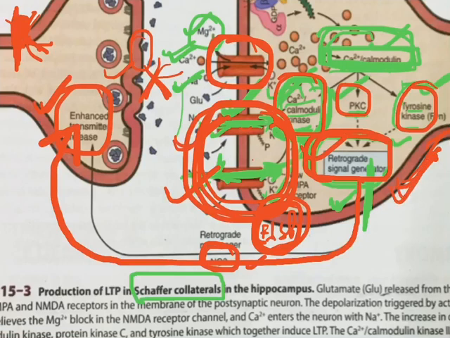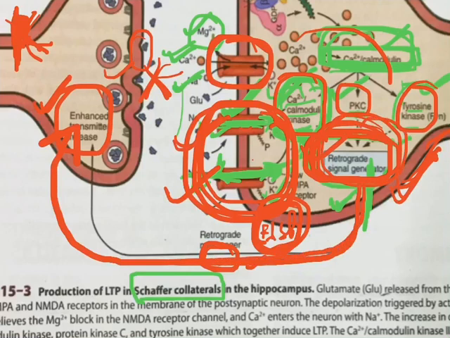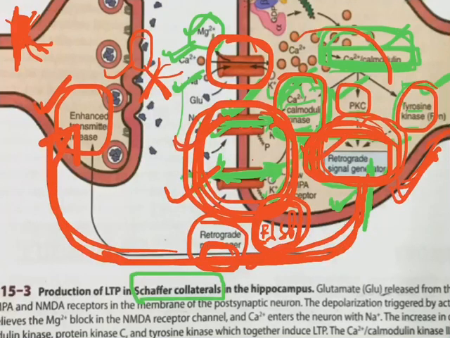But this glutamate, what did it do? It generated a certain signal generator, which started a cycle. Because of the generation of this signal, which happens to be nitric oxide, it goes and helps in releasing the glutamate.